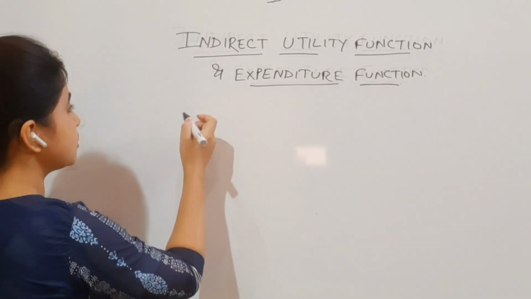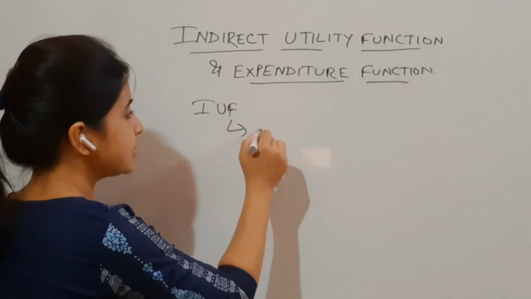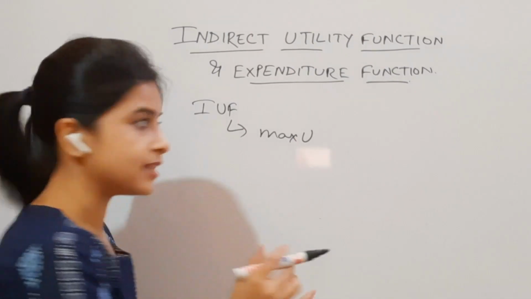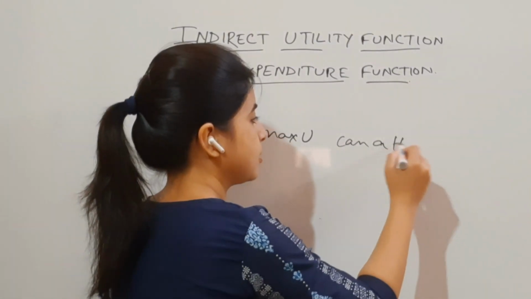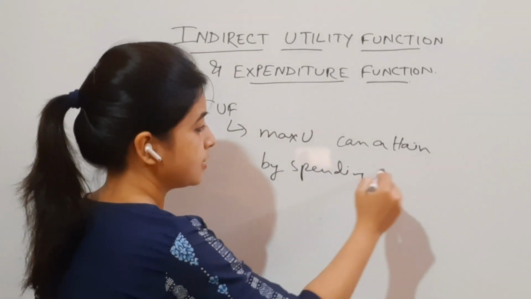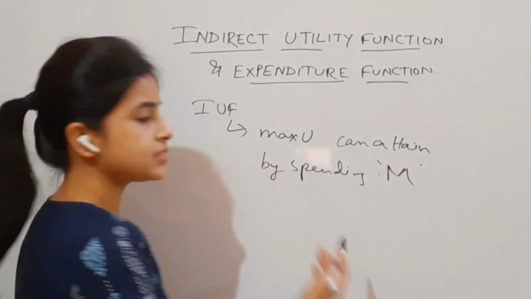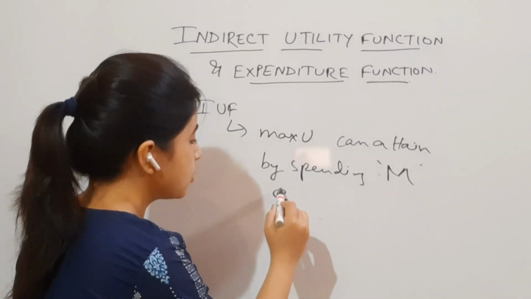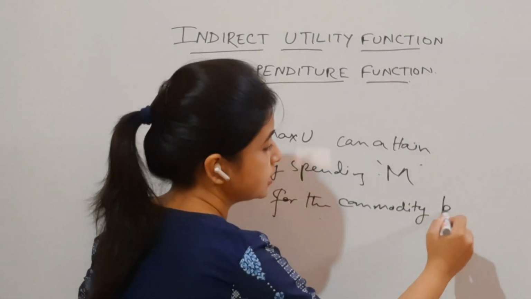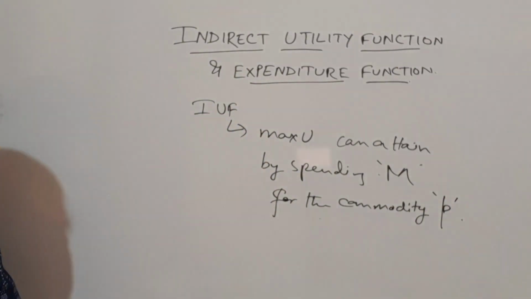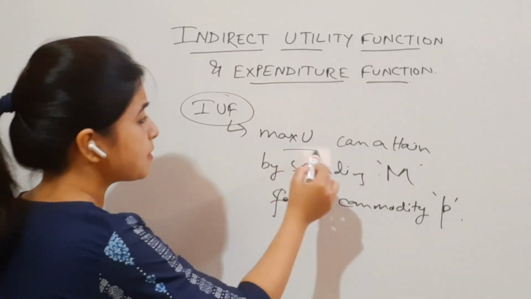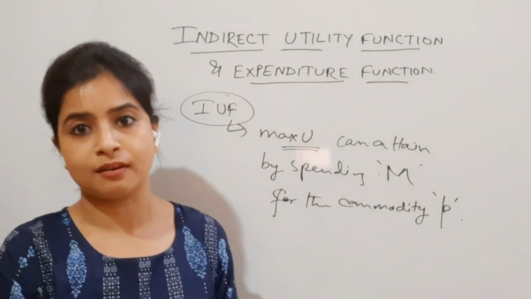It provides us the maximum utility level that any consumer can attain by spending his or her income, which I'm representing as M, for the commodity prices.